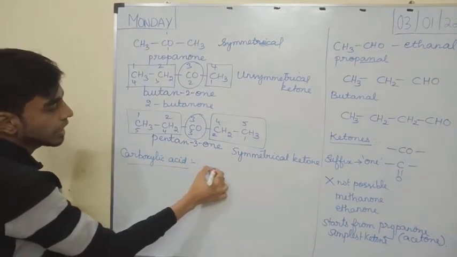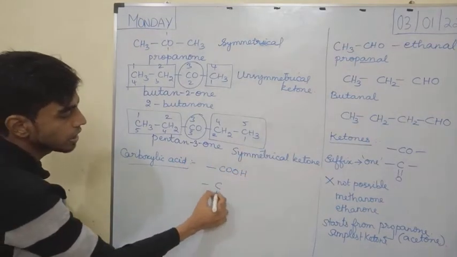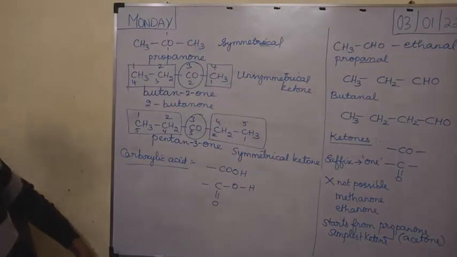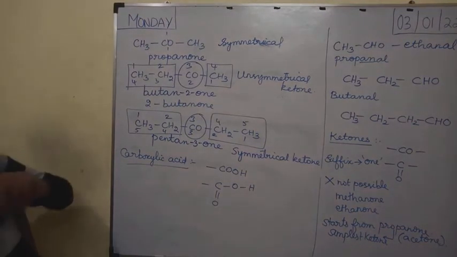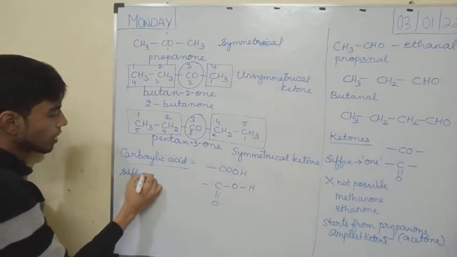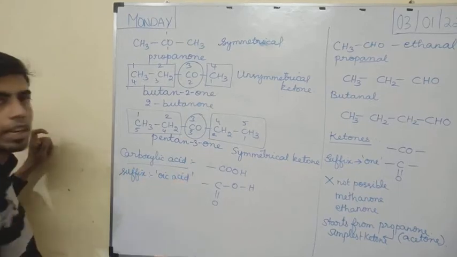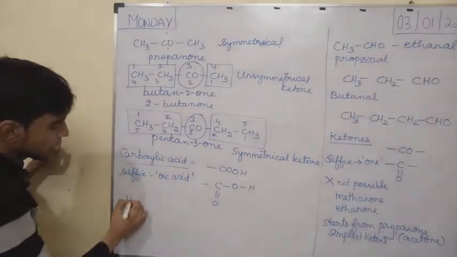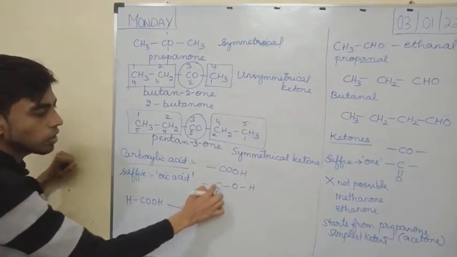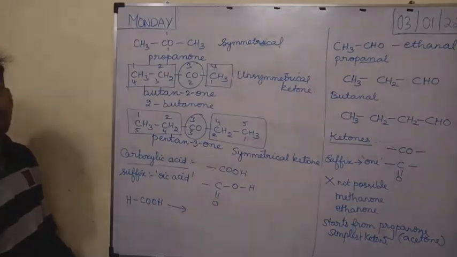Carboxylic acid is the COOH group. What is the structure? C double bond O, OH. This is the structure, and the suffix is -oic acid. Suppose HCOOH. In carboxylic acid also a carbon is present, so you have to count that carbon when you name it.